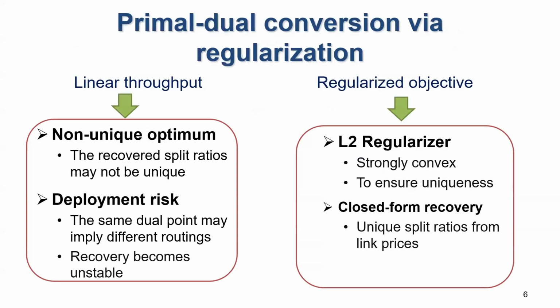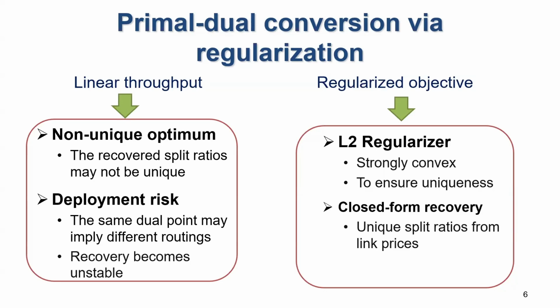The first design challenge is primal recovery, which means how to recover the split ratios when optimal link prices are found. The original throughput objective is linear, so its optimum can be non-unique. To solve this, KaeTE adds a demand-weighted quadratic regularizer.